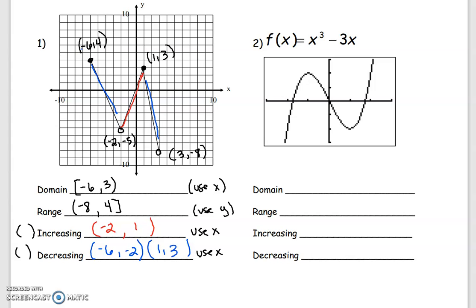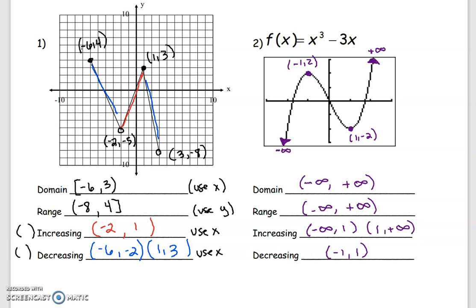So try number 2 on your own, and then we'll check in just a second. Some points, some arrows, if that might assist you. So domain is your left to right for your x's. So we're -infinity all the way to the right. It goes up, but it really goes to the right. This really goes to the left as well. So -infinity to positive infinity for your x.